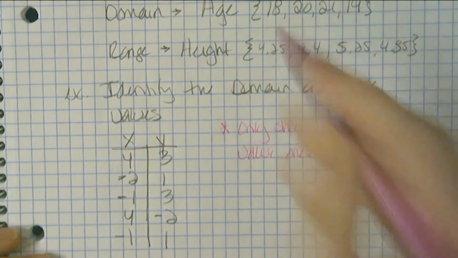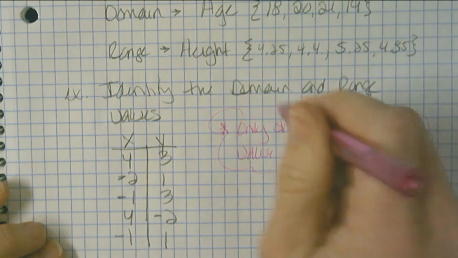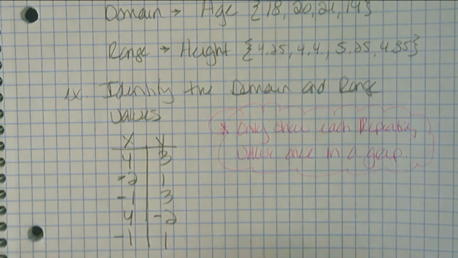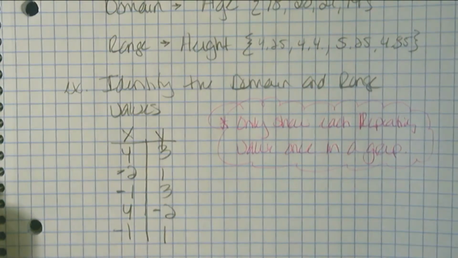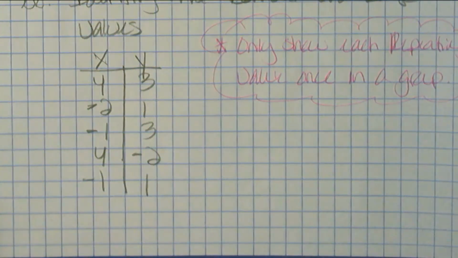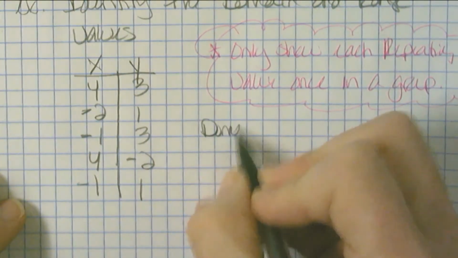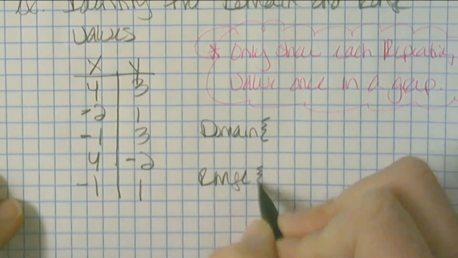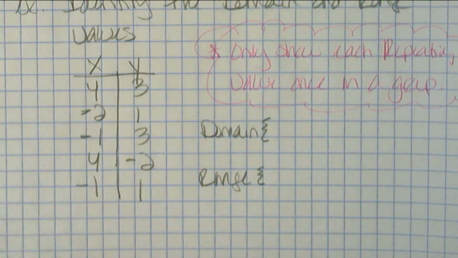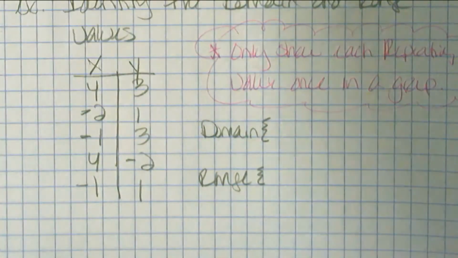In the last one we didn't have any repeating, but in here we do. So when you list your domain and your range, only state repeated values once. All of you identify the domain and the range in this table, using your brackets or your braces. These are a grouping symbol, but they're braces.